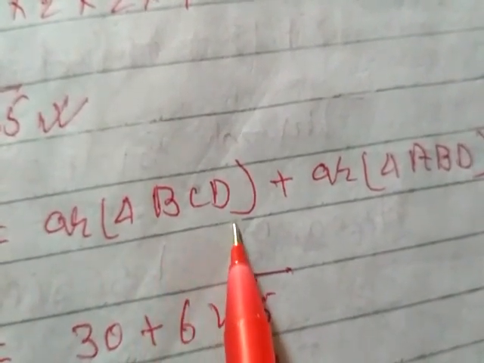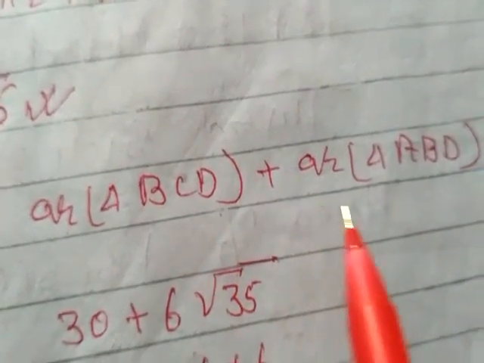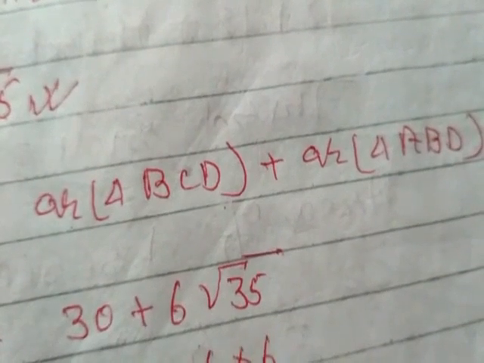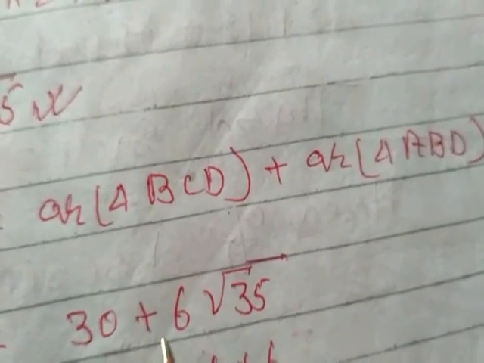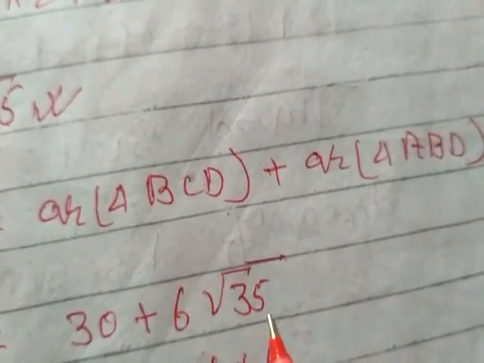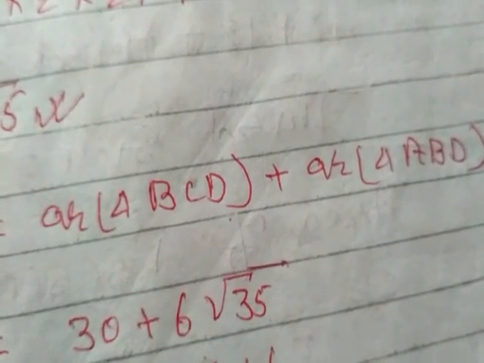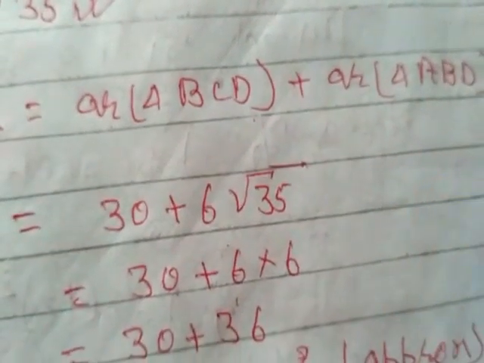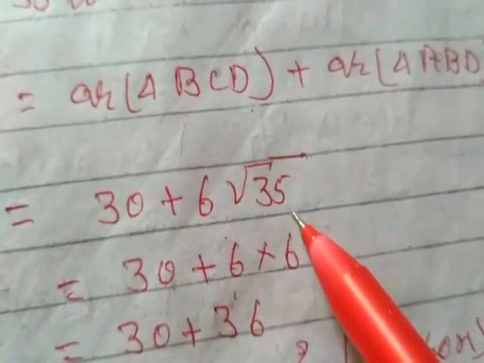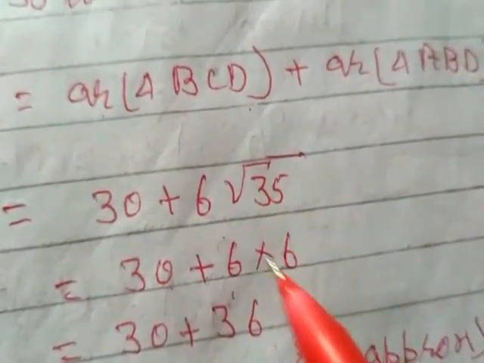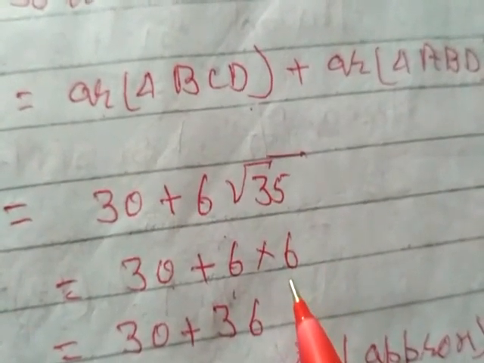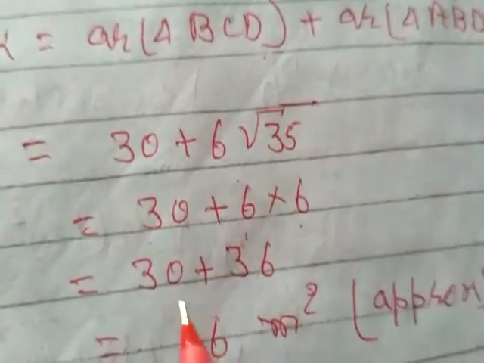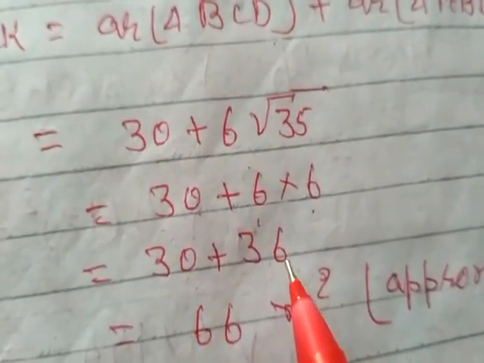Now adding both together, we have 30 plus 6 root 35. 35 is very near to 36, so we take the approximate value of root 35 as 6. So 6 sixes are 36. Now on further adding, we have 30 plus 36 equals 66 meter squared, which is the required answer.